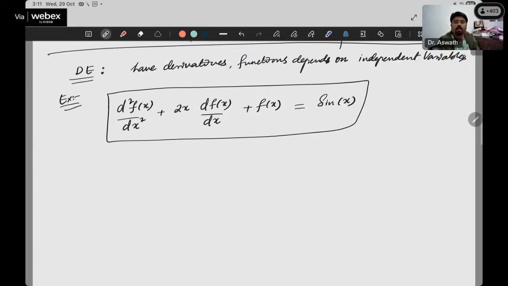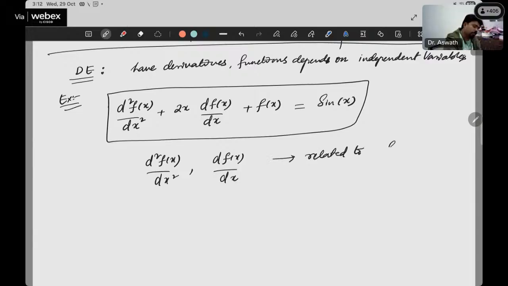Here you see the derivatives of second and first order are directly related to f of x. So you can say these are linear differential equations, right?